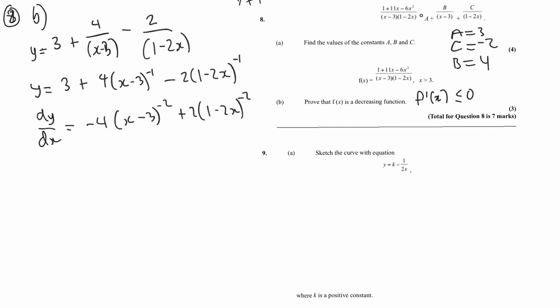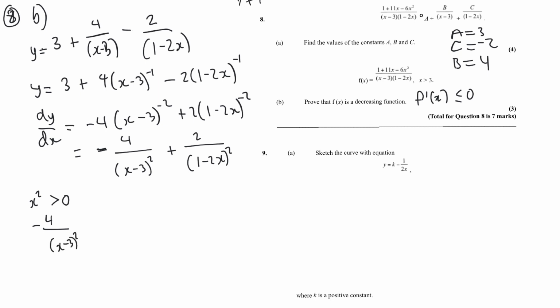Okay, so now that we have this, the next step is to show that this would be less than 0. Well, let's rewrite this. So as we can see, normally x squared is greater than 0. But in this scenario, we've got minus 4 over x minus 3 squared, which will be less than 0.